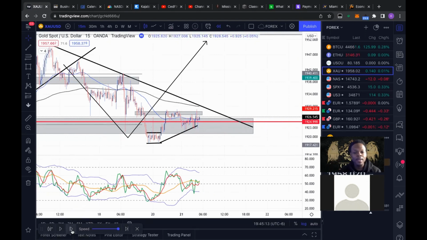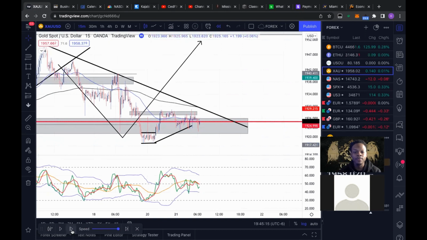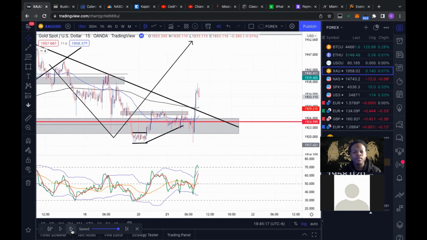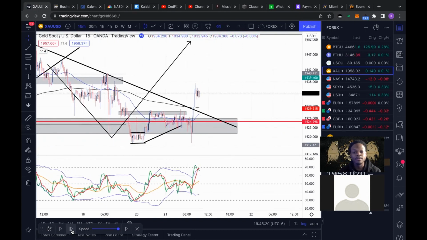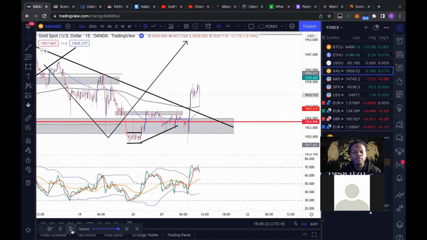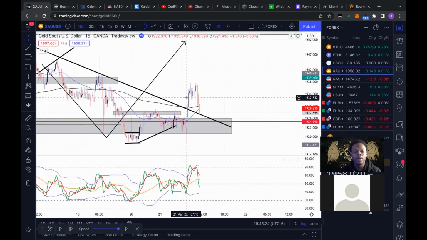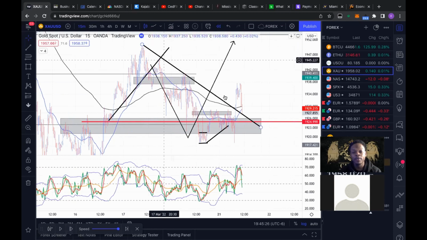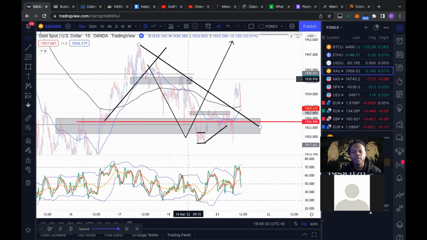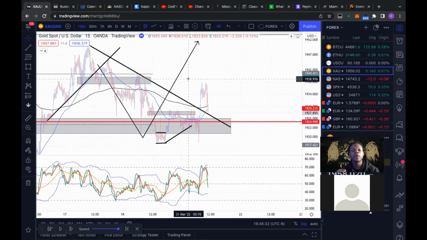So let's continue to follow along with the market. And then boom, we get the break of this downtrend right here. So now that we have the break of the downtrend, it just broke structure.